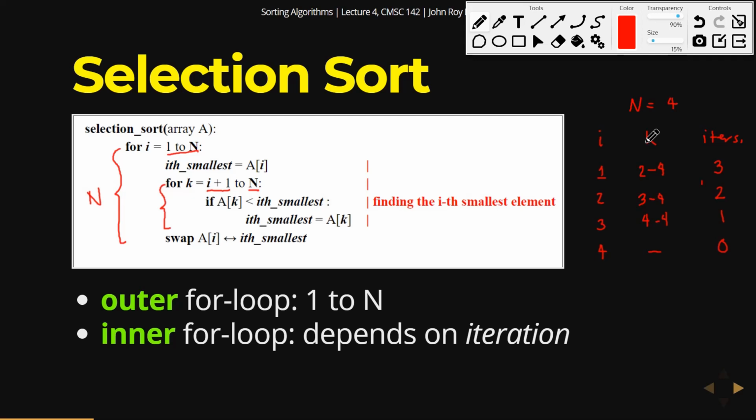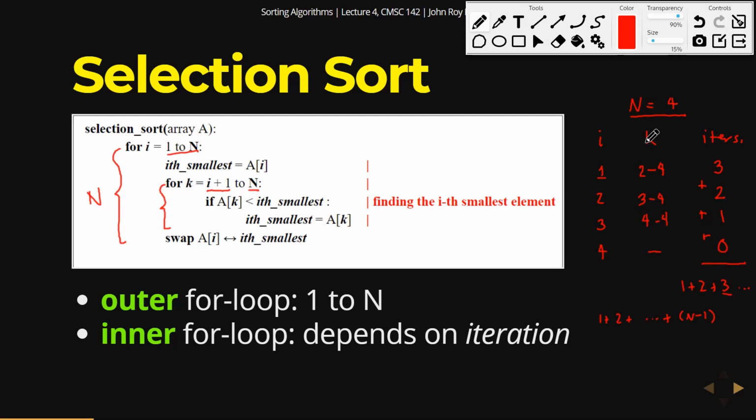So in total, if we add all of that together, that would be 1 plus 2 plus 3, right? Or, in general, that would be 1 plus 2 plus dot dot dot all the way up to n minus 1, where n was 4 here, and then we only added up to n minus 1. So this is the general form.